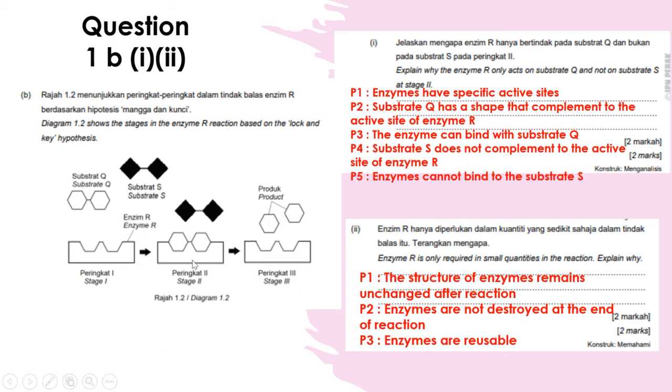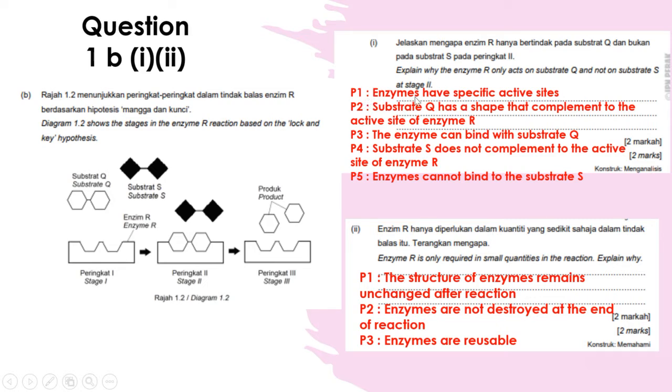The keyword here, you have to look at the clue given: the enzyme R reaction based on the lock and key hypothesis. So why does only substrate Q bind with enzyme R? It is explained by the lock and key hypothesis. Let's go to the suggested answer here.